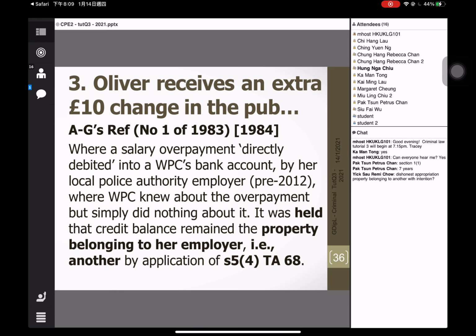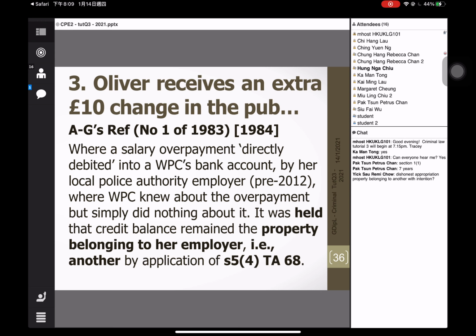So there is one specific case to really cite here that illustrates this point. In Attorney General's Reference Number 1 of 1983, there was a woman police officer, and she was normally paid by direct debit straight into her bank account from the local police authority.